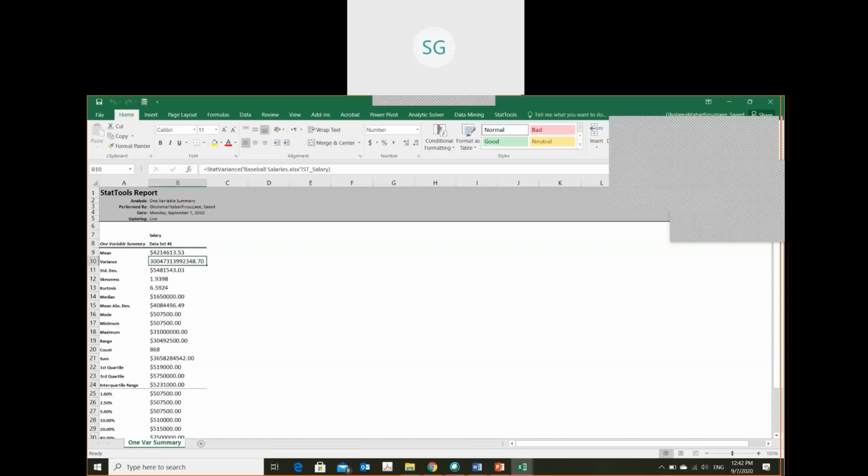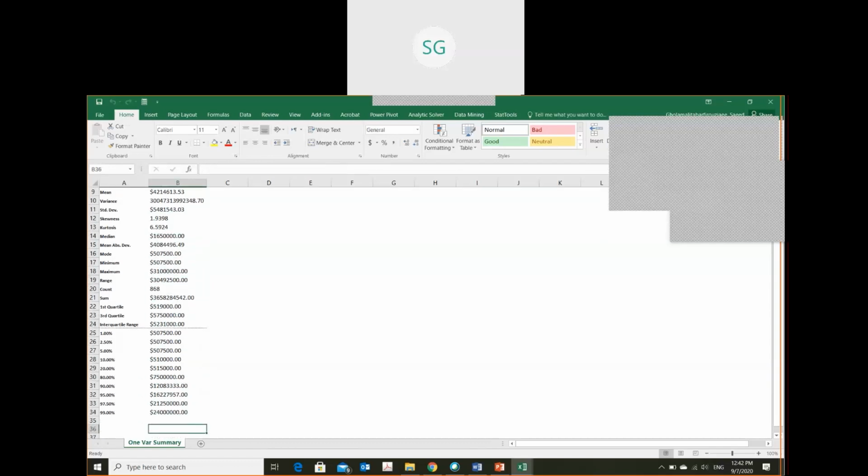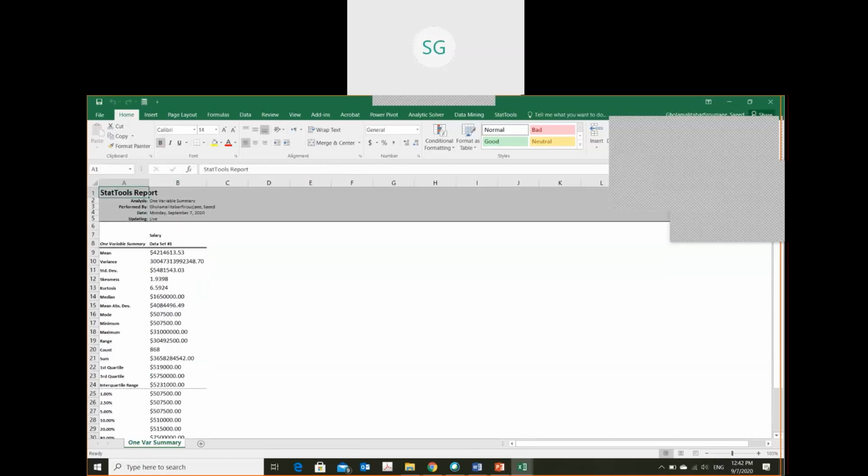Variance is this one. Standard deviation is the square root of variance. These two tell us about how spread out our data is. Skewness, which is positive. Median, mode, and you get the result for everything that we need for the data analysis.